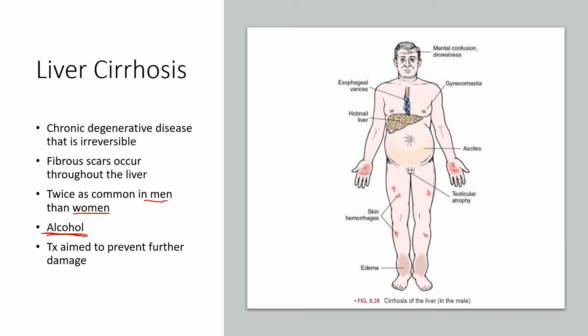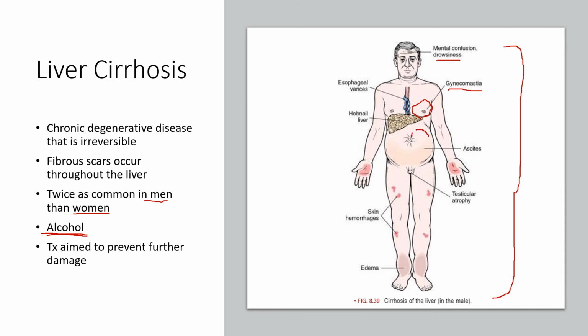But if you look over here in this picture, these are some of the symptoms and signs that may be present in patients who are experiencing liver cirrhosis. So mental confusion and drowsiness, gynecomastia, which is the development of female breast tissue in males, especially around the areola, and ascites.